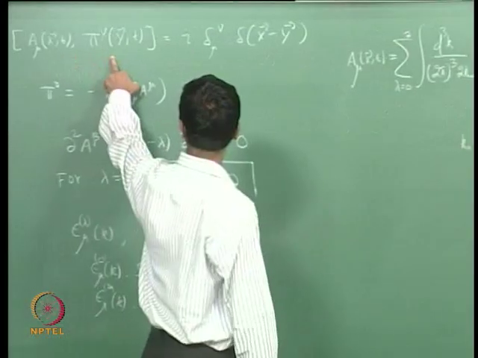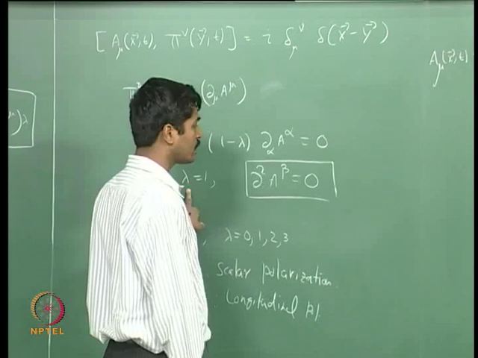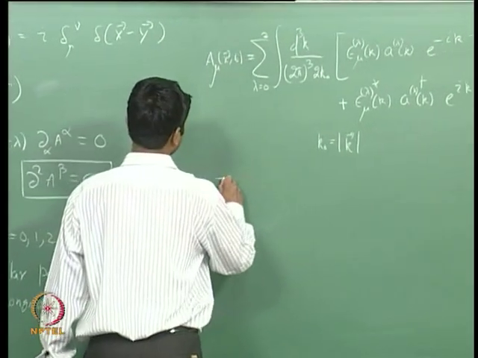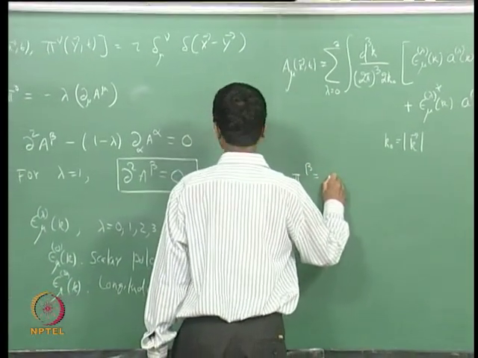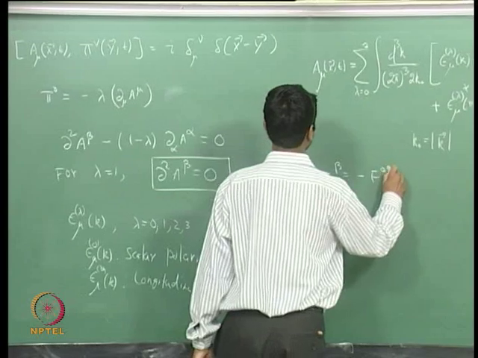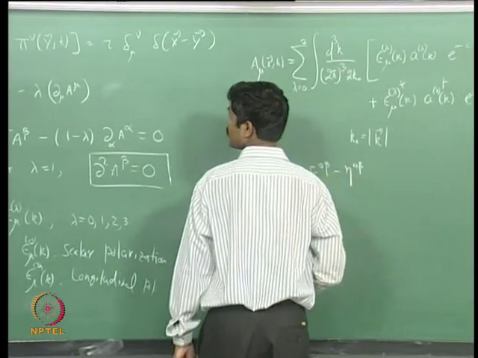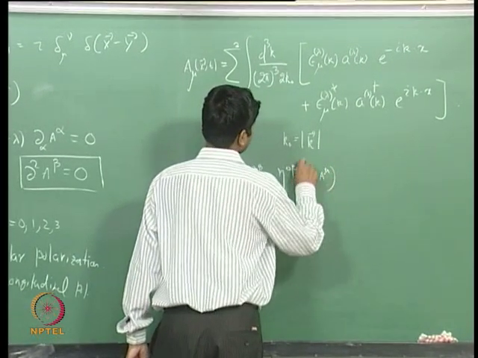So in this case, lambda equal to 1, the conjugate momentum pi beta is given by minus F0 beta minus eta 0 beta del mu A mu.